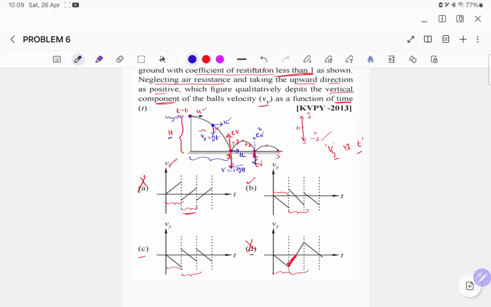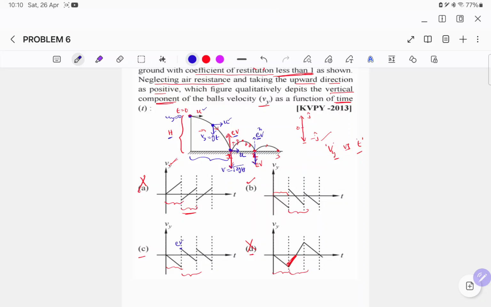Which means the vertical velocity in the upward direction just after the first bounce and just after the second bounce, if you observe, after the second bounce the value will be reduced a lot compared to the first one. So here in option C, the value of velocity is EV when it starts performing upward motion just after the first bounce.